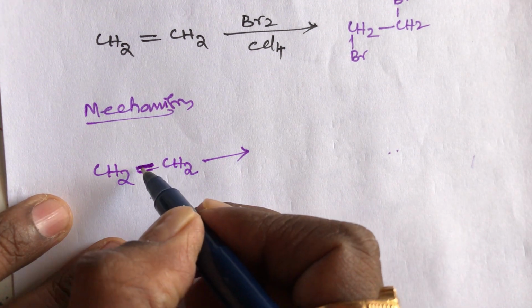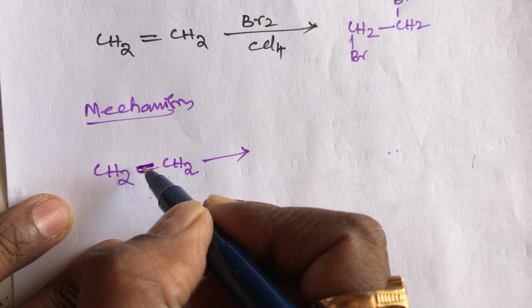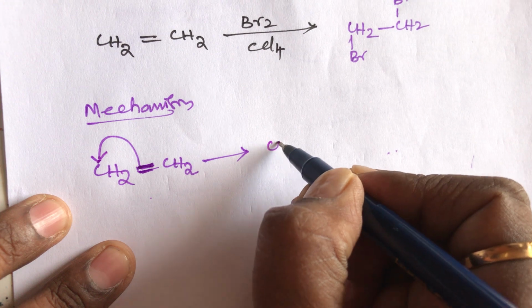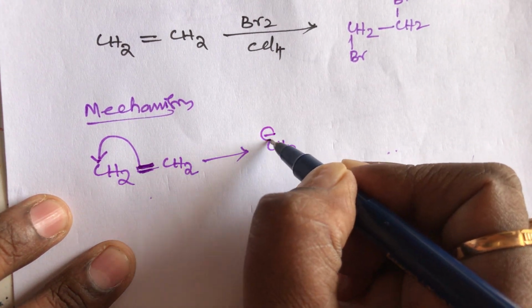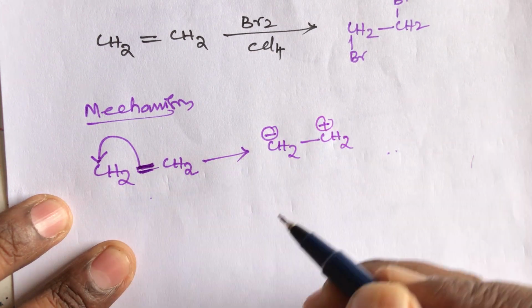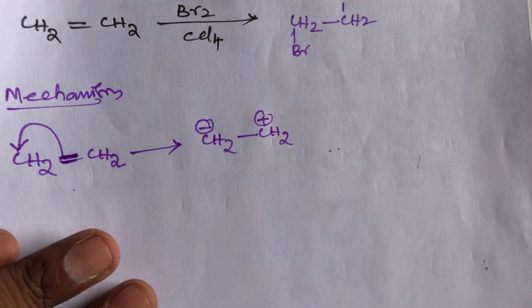Here I am shifting the bond towards the left-hand side. So one carbon gets a negative charge and the other carbon gets a positive charge.